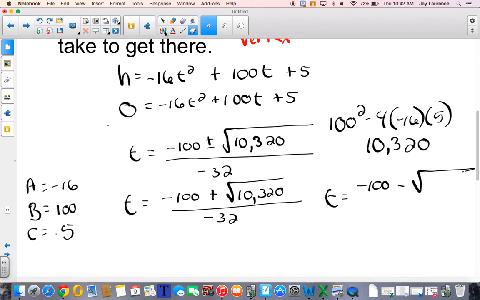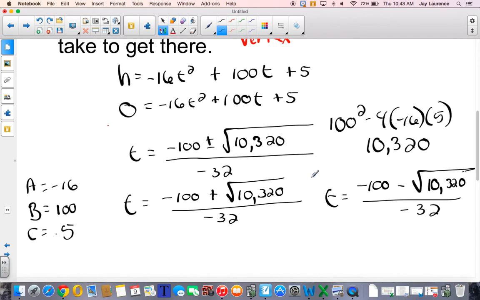Okay, so let me write that discriminant under that. 10,320, and that'll be over negative 32. All right. I know this one's going to yield a negative time, so I'm not even going to worry about it. If you don't know that, go ahead and do the calculations. All right, so here we go.